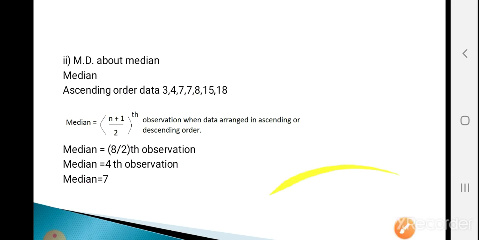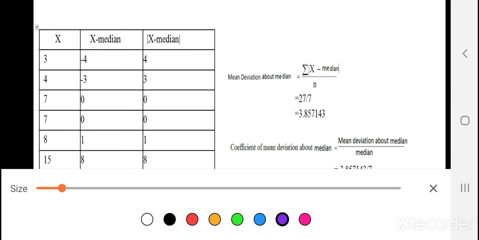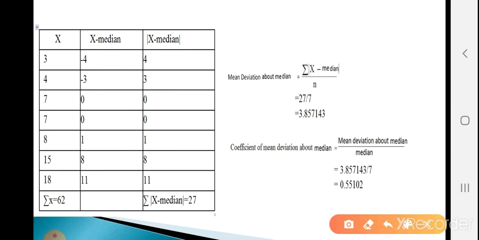Now, how to calculate the mean deviation about median in ungrouped data? The formula is summation mod of x minus median divided by small n, where small n is 7. Now, calculate the summation mod of x minus median. Here the median value is 7.